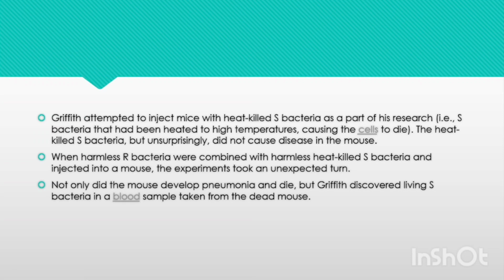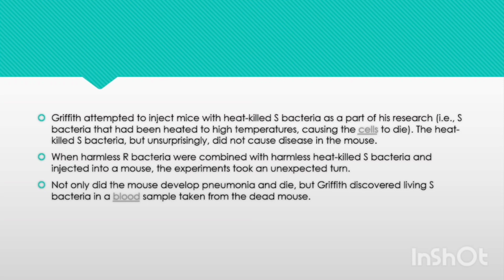Griffith attempted to inject mice with heat-killed S bacteria as part of his research. That is, the S bacteria had been heated to a high temperature, causing the cells to die. Unsurprisingly, the heat-killed S bacteria did not cause any disease in the mouse. The S strain was a virulent bacteria, so it causes disease and death in mice.